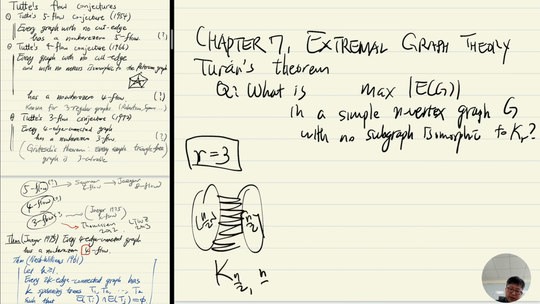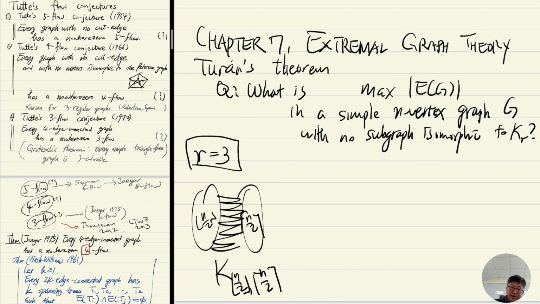Because of parity, maybe I have something like this. This is one example where you don't have any triangle, because a bipartite graph doesn't have any cycles of odd length, so there's no triangle.